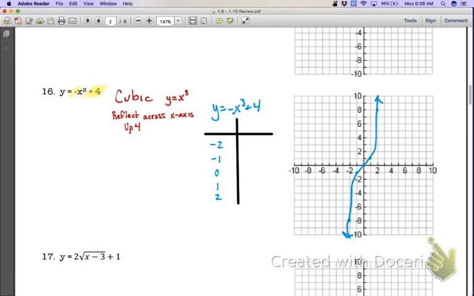If we do the other one in red, if I reflect it, that means just with the reflection, it's going to look something along the lines of this here, like that. But what else do we have to do? We have to take it up 4. So then where is it actually going to cross the y-axis?